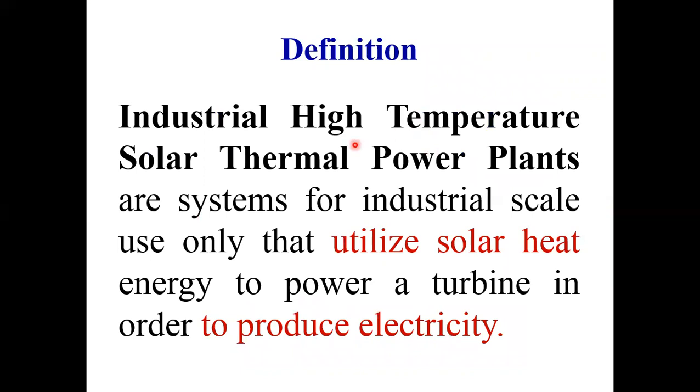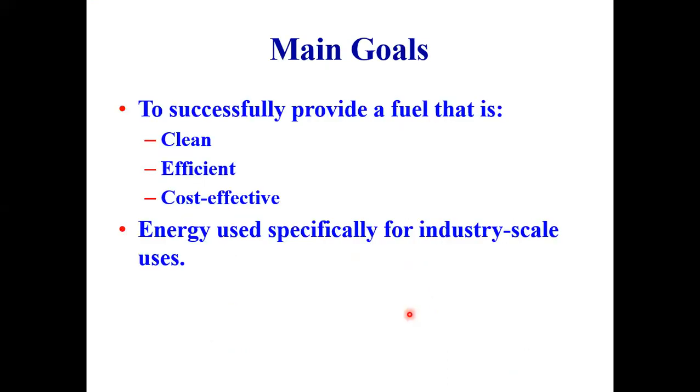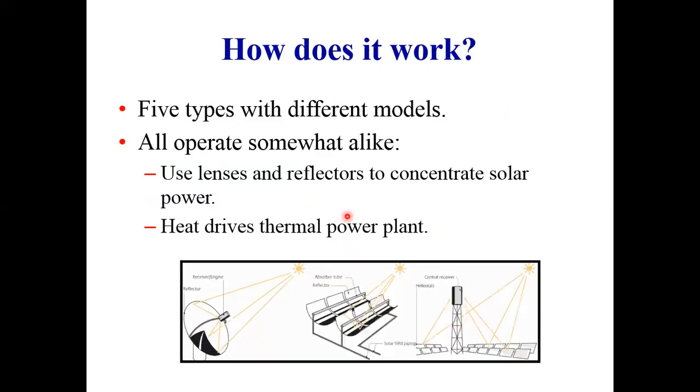These are systems for industrial scale use, which utilize solar heat energy to power a turbine in order to produce electricity. The main goal is to successfully provide a fuel that is clean, efficient and cost effective, and the energy is used for industrial purposes.